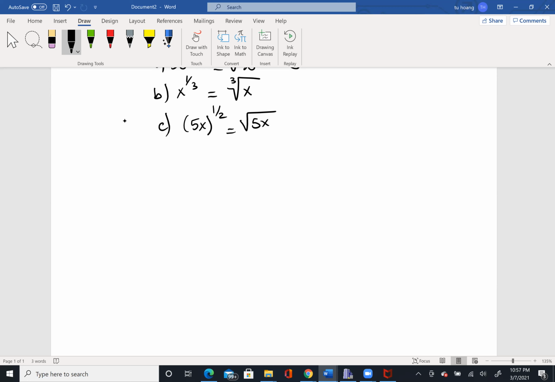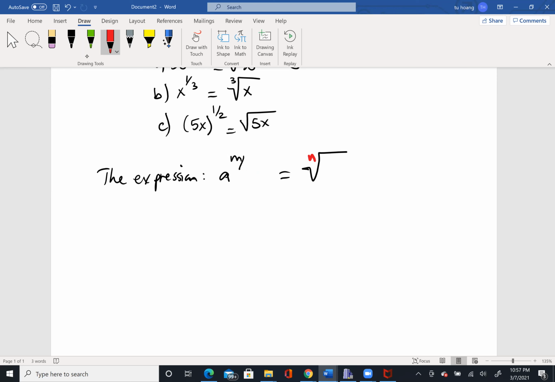Now let's talk about an expression. The expression a to the power m over n is actually going to be equal to the root, where the index of the root should be the denominator of the power, which is n, right?